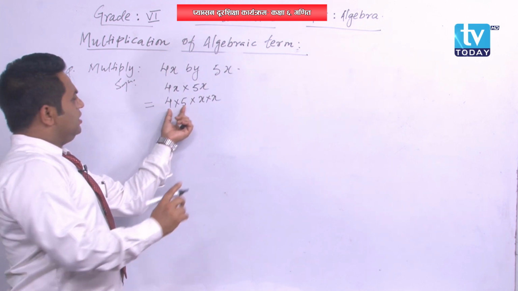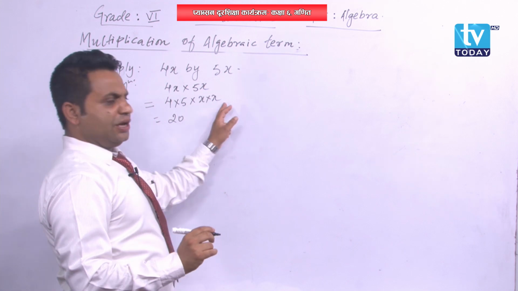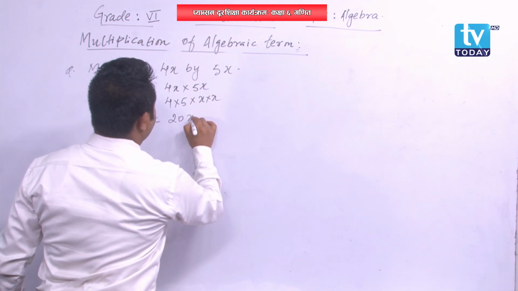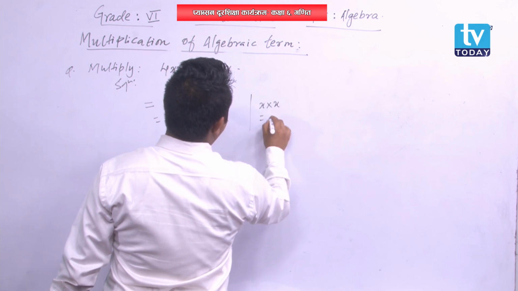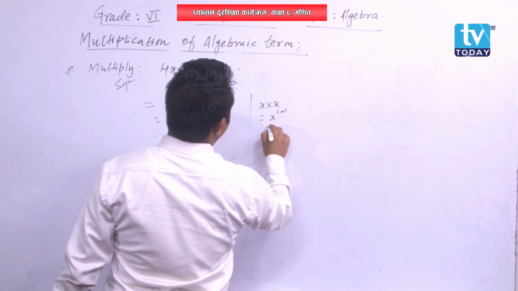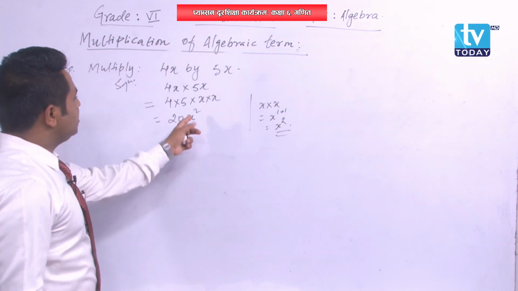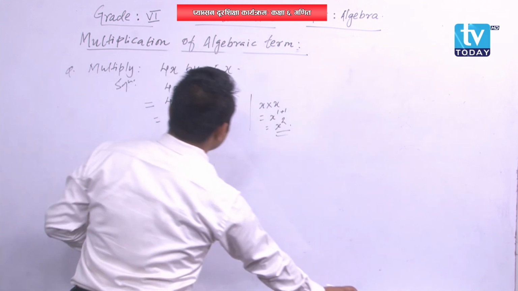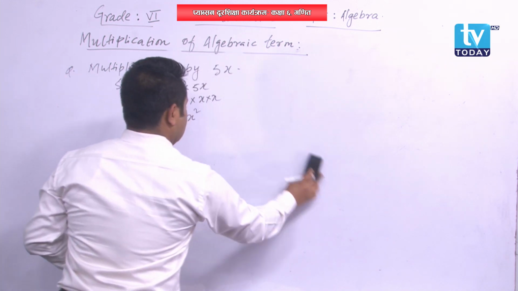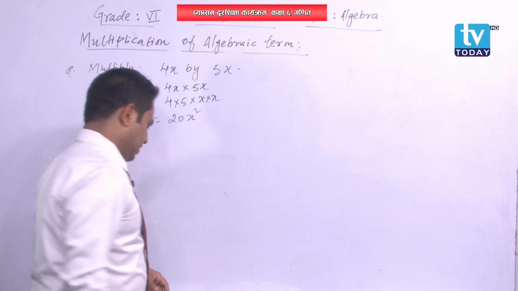Let's multiply the coefficients first. 4 times 5 is 20, x into x is x square. Otherwise you can do it this way: x into x will be x to the power 1 plus 1, which is x 2. Is that clear? Understood? Okay, very good.